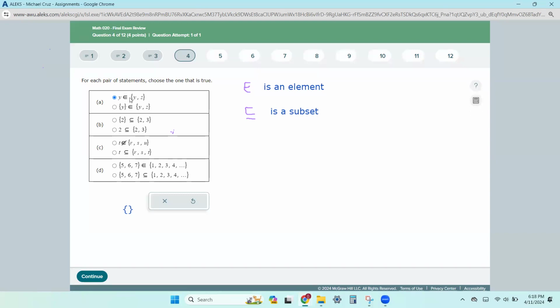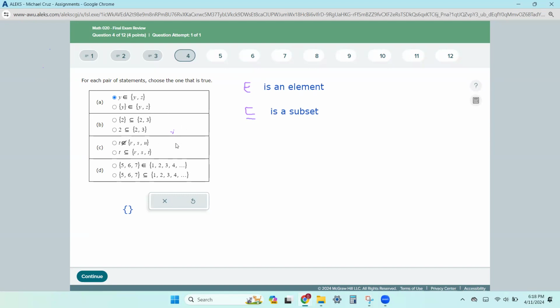So this would be the correct one out of these two, because in order for this one to be true, you're not talking about Y, you're saying a set with Y in it, and you're saying it's an element. Well, that's not true. For the second one, you got to use this rascal.